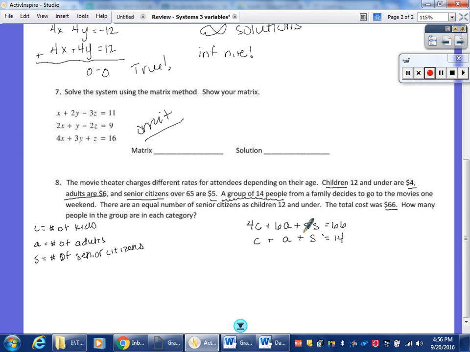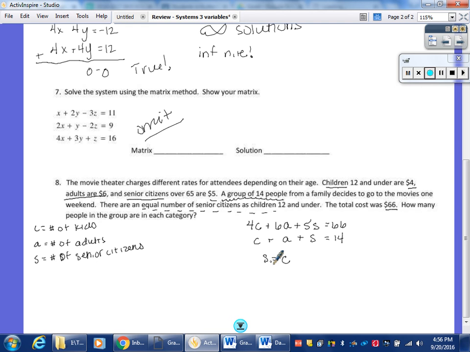And then the last thing they tell us is that there is an equal number of senior citizens and children. So that means the number of senior citizens and children are equal to each other. S is equal to C.